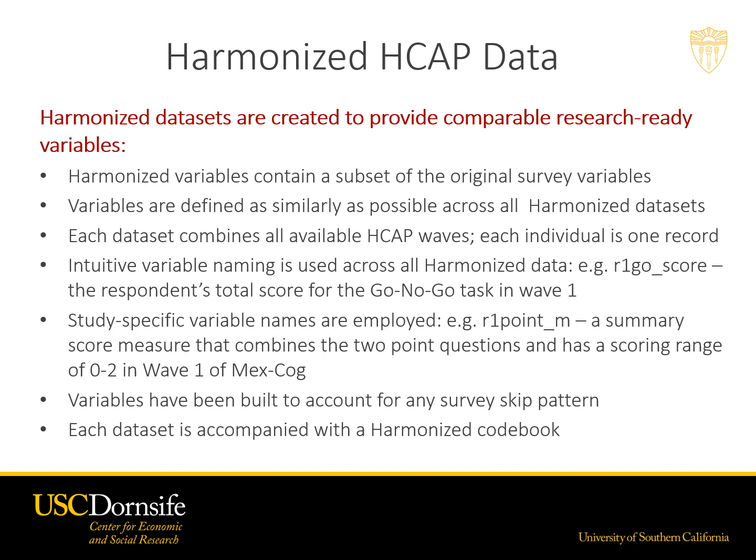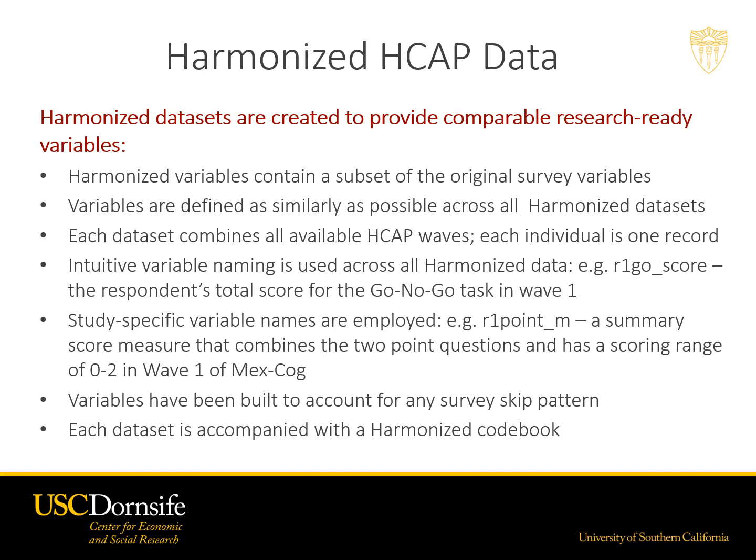Once the pre-statistical harmonization step is completed, we work with our team and our collaborators on imputations and producing factor score analysis variables. At the end of this entire process, we package all the variables we've created into our Harmonized HCAP datasets, which we release to the public to provide comparable research-ready data files.